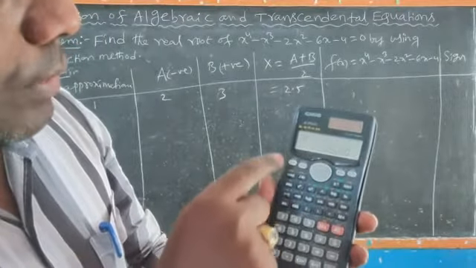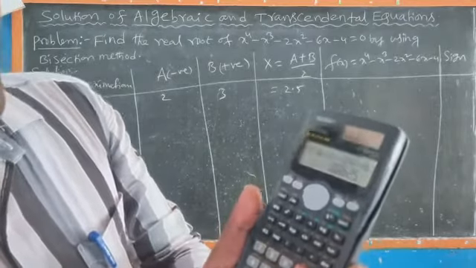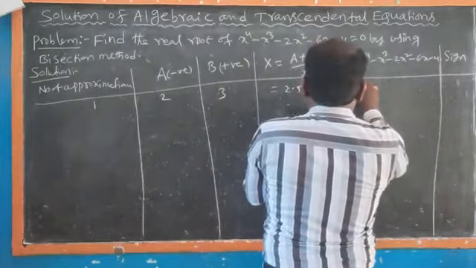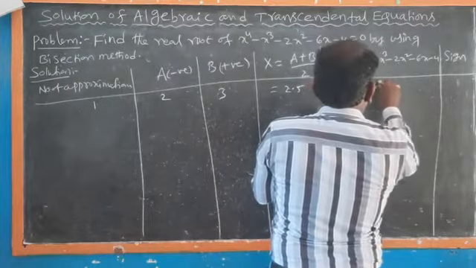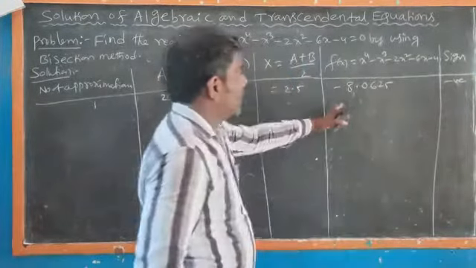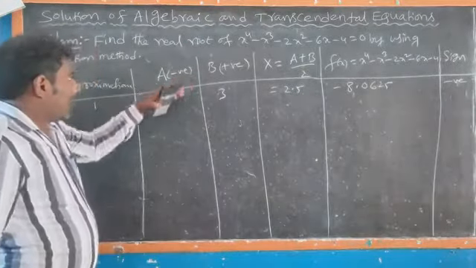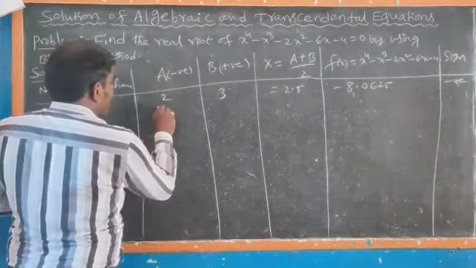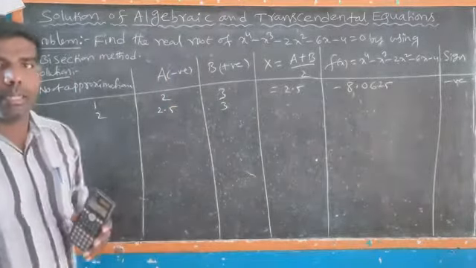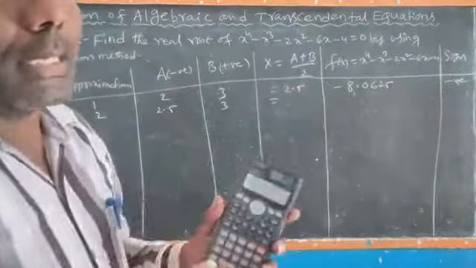That equals minus 8.0625. This is a negative value, so substitute the x value in the negative values column a, so a is 2.5 and b stays the same. This is the second approximation.